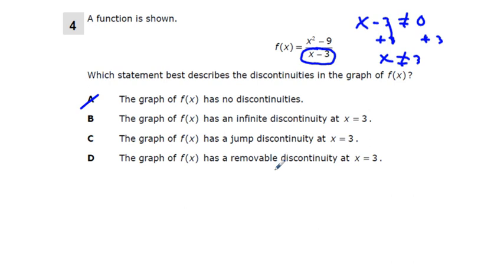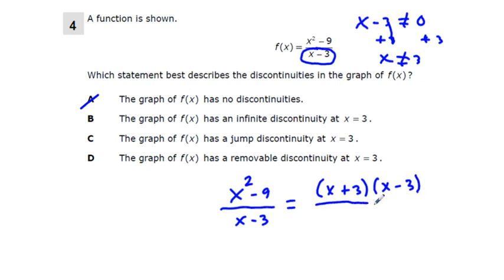And so now it's determining which type of discontinuity it is. And there's a multitude of ways to do this that we've done in this class. One way is to take this x squared minus 9 over x minus 3 and see if we can simplify this and factor. Well, using the difference of squares, we can factor this x squared minus 9 to quantity x plus 3 times quantity x minus 3.